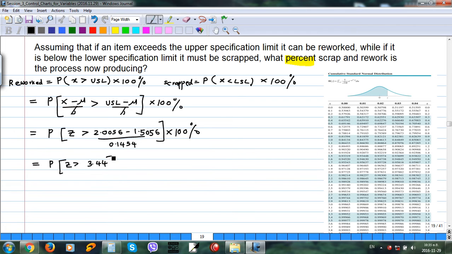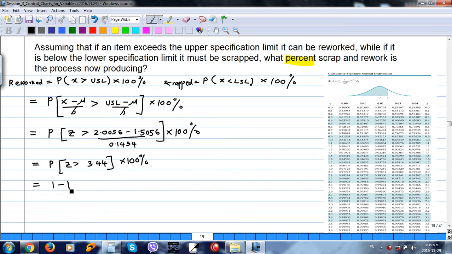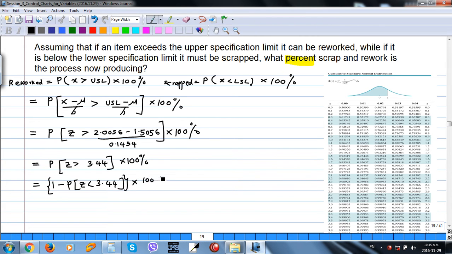We can't find this value in the z table directly, so we have to convert this to a less than value. It means 1 minus P of Z less than 3.44, times 100%. So 3.44 you can find using this table.